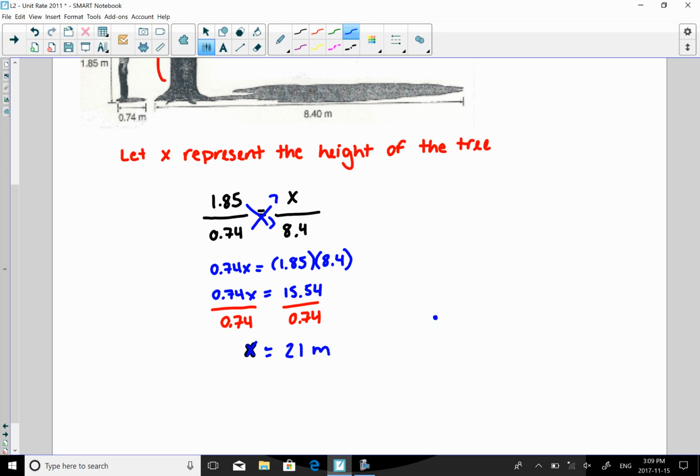So with any word problems, a therefore statement: therefore, the height of the tree is 21 meters. And there you have both unit rates and a recap of solving proportions.